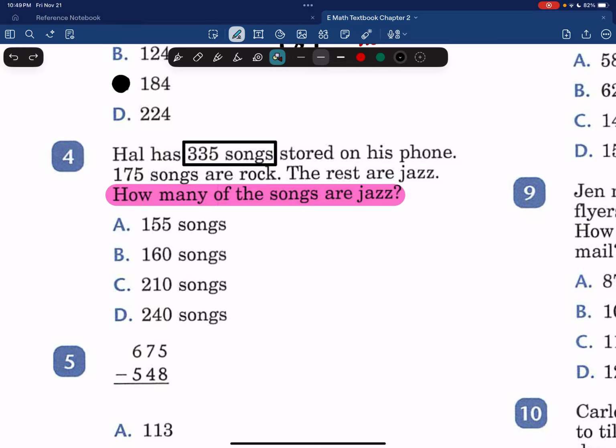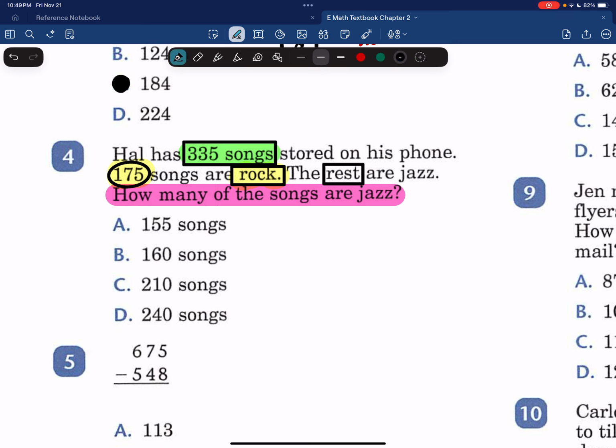Let me do something different here. I'm going to circle the 175 and the rock. I'm going to mark that keyword that I'm looking for, and that's the word rest. So I have 175 are rock. I have a total this time of 335, and the word rest means to subtract.